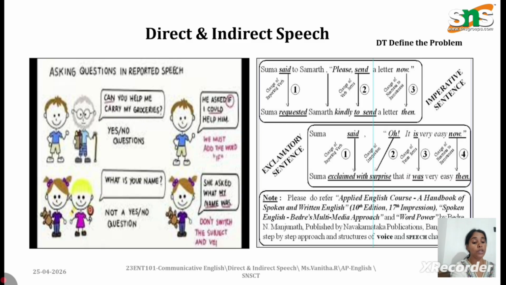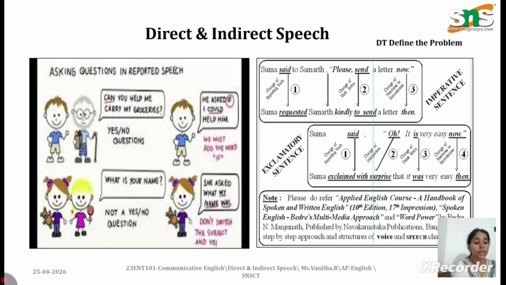Here you can notice a change in the sentence: said becomes told. Then we add me, he told me, because it is an order or a request to someone. Then to, then the verb: he told me to open the door.